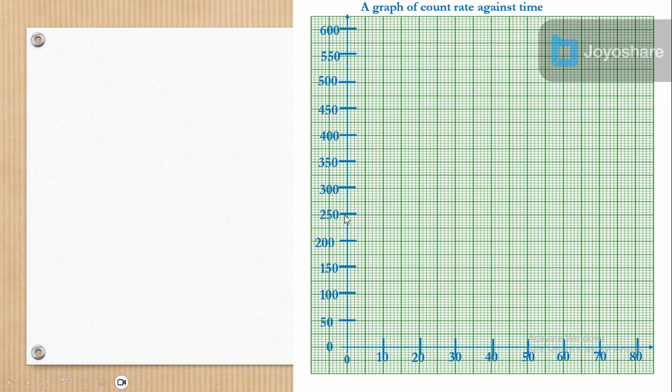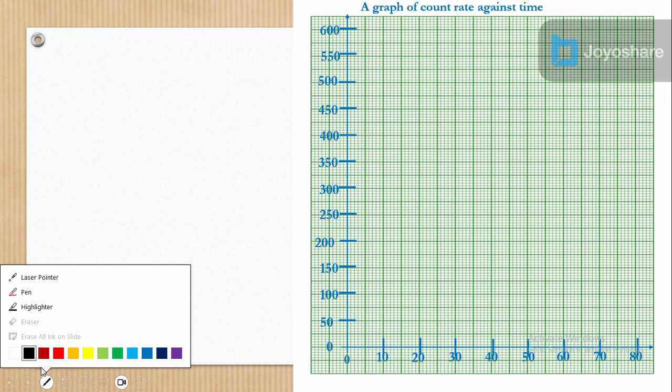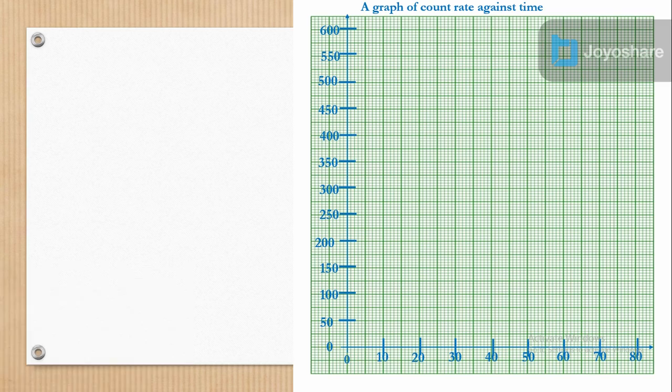You find that in the table we had the 480 counts per second at 0. In fact, these are our counts per second. This is where we have our counts per second. Then this is where we have our time.